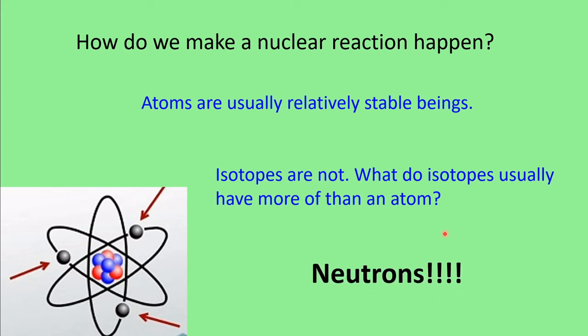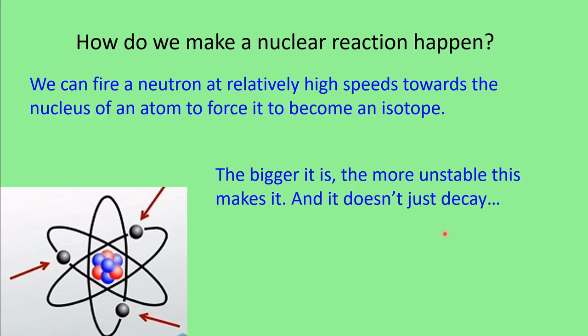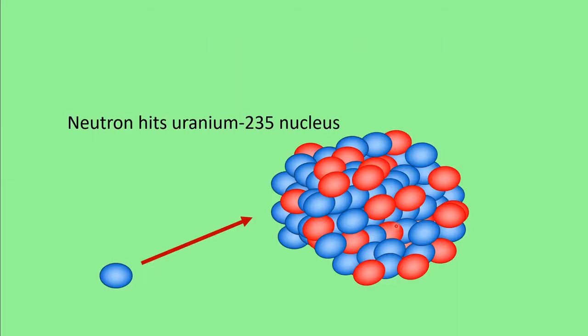So if we could somehow give an atom more neutrons, we could turn it into an isotope and make it undergo radioactive decay. So we fire a neutron at pretty high speeds towards the nucleus of an atom to force it to become an isotope. The bigger it is, the more unstable this makes it. And it doesn't just decay, it will actually explode via a process called nuclear fission.